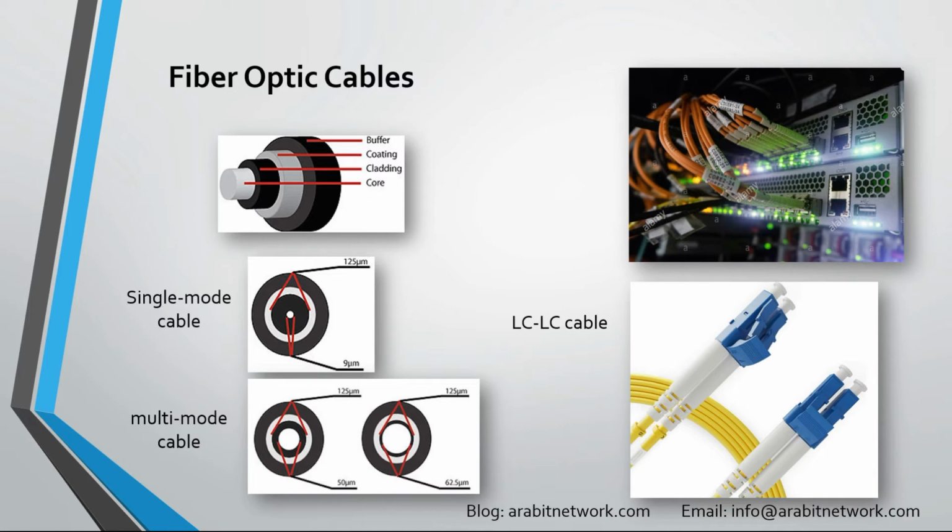The core of the cable, where the light is transmitted, is very narrow compared to the cores of the traditional cables used in your data center. So this type of cable is used for cross-site connectivity.